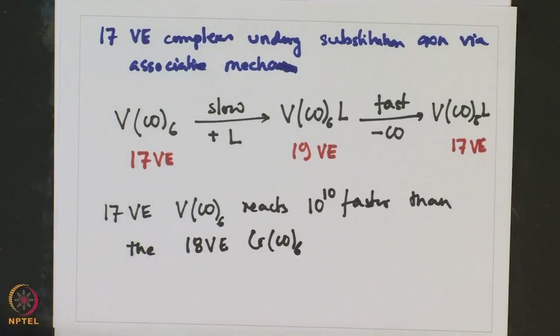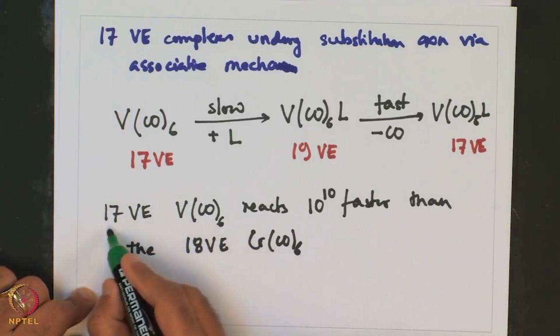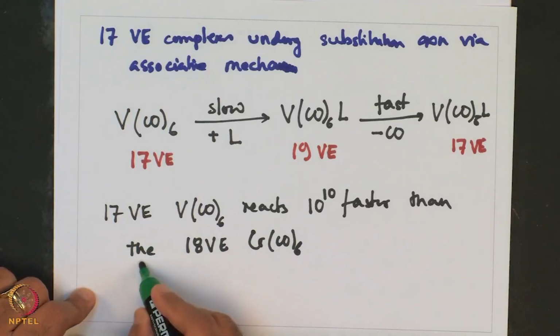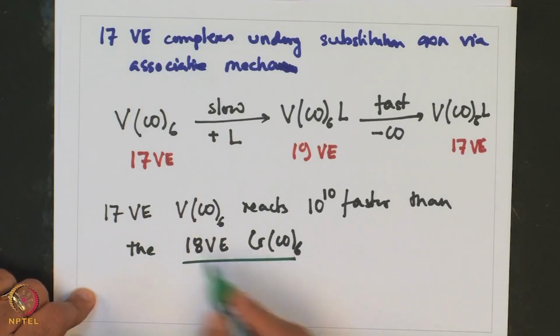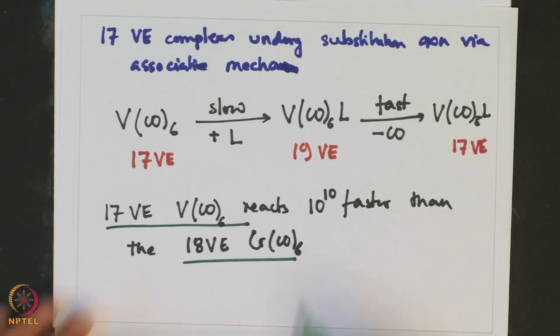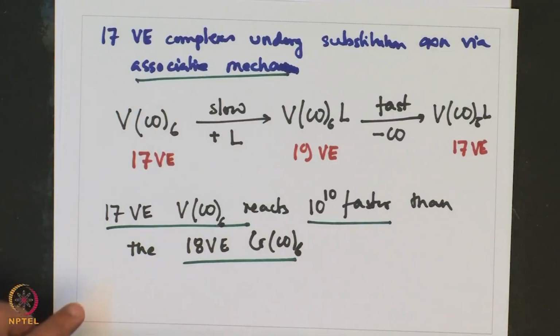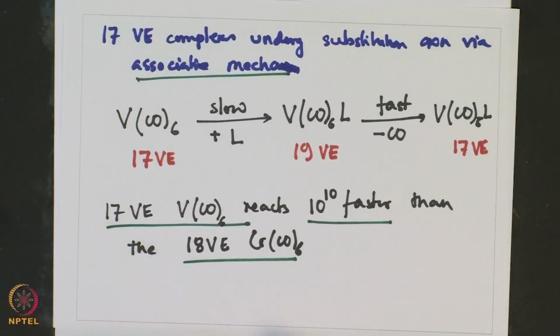So, this is an interesting observation which shows that unlike the 18 VE species, which undergoes a dissociative mechanism, the 17 VE species undergoes an associative mechanism, and reacts 10 to the power 10 times faster than the 18 valence electron species.